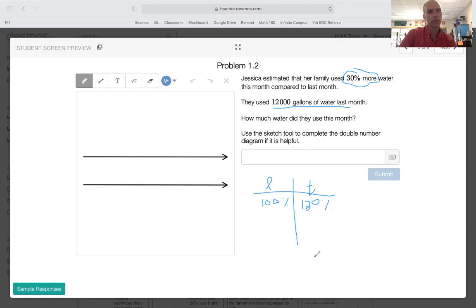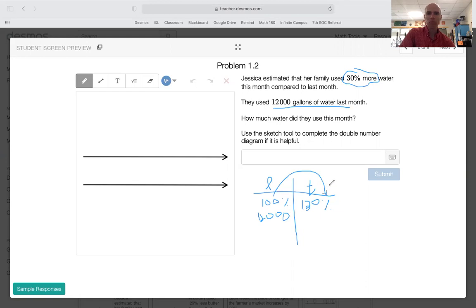And then the only other piece of information we were given is that last month they used 12,000 gallons. Well, to go from X to Y here, or L to T, I should say, we're going from 100% to 120%.